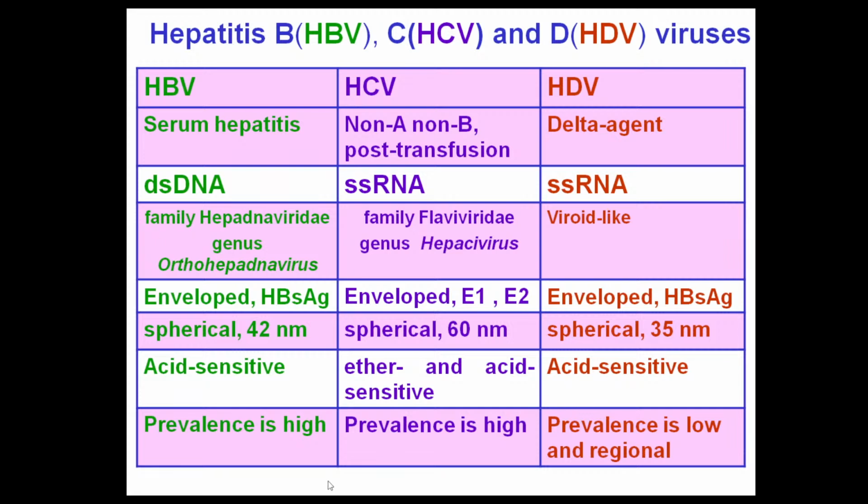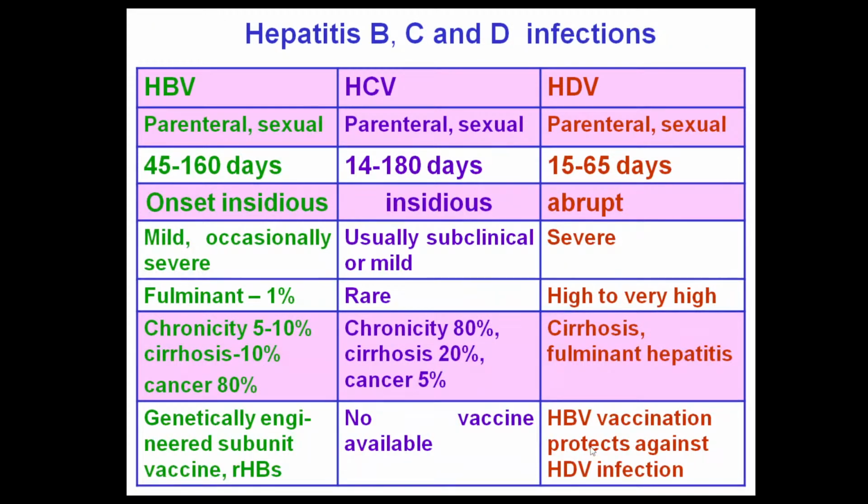So the prevalence of these hepatitis viruses is very high. The highest is for hepatitis B virus, a bit less for C, and prevalence of hepatitis D is regional. In some regions, it's very high. So what kind of infection do they cause?